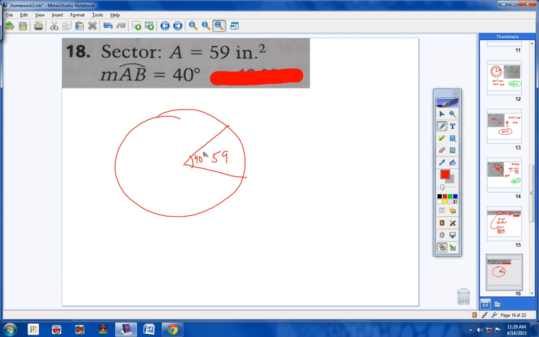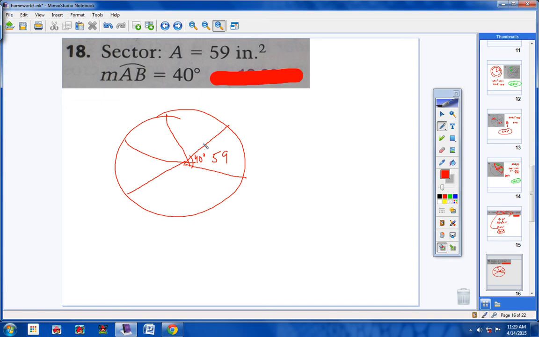Now hold it, guys. All that I have to do is see how many of these sectors go all the way around the circle. So I'm going to take 360 divided by 40. I get 9. So what I'm trying to show is if you were to continue to draw these 40-degree sectors all the way around the circle.